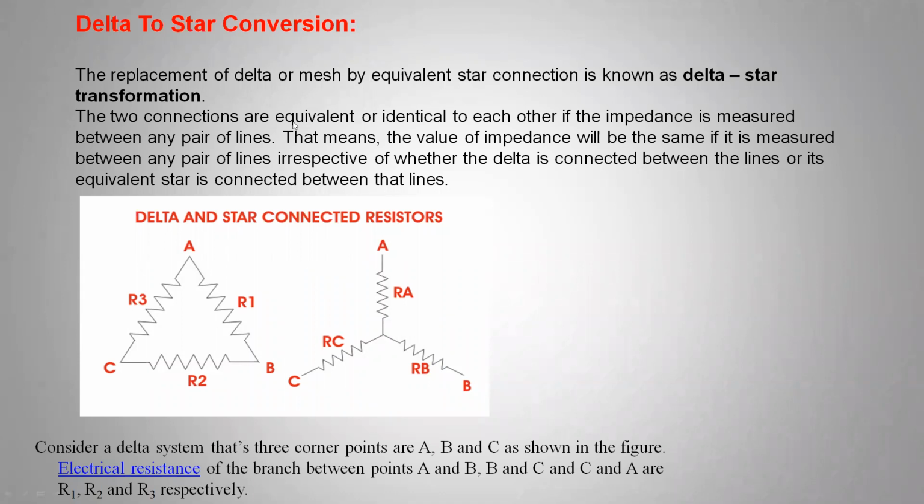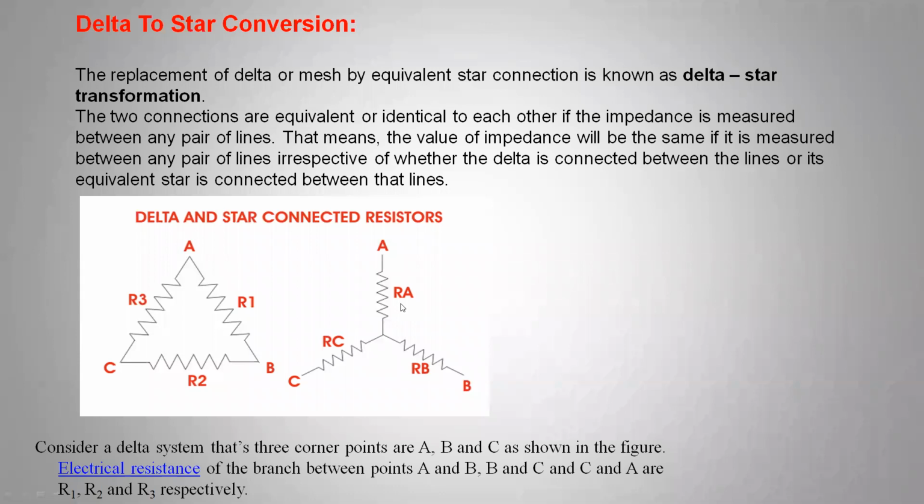The two connections are equivalent if the impedance measured between any pair of lines is the same, irrespective of whether the delta or its equivalent star is connected between those lines.